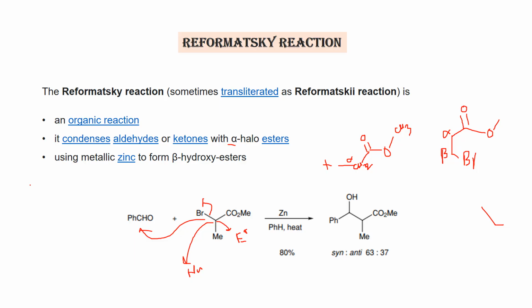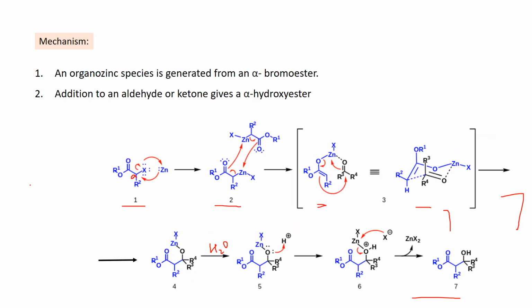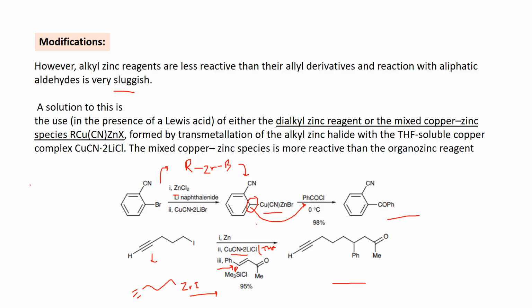There is a modification due to less solubility in organic solvent. They have incorporated a copper cyano reagent into that zinc species and form a mixed metal compound that will react with our aldehyde or carbonyl species to give us our desired product.